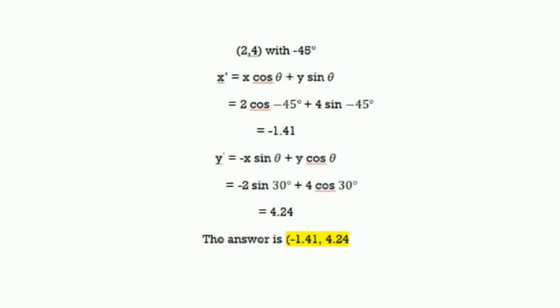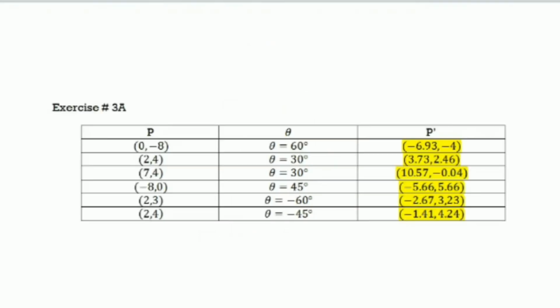Then for y prime, which is negative 2 sine negative 45 plus 4 cosine negative 45, which is equal to 4.24. So, meron na tayong bagong coordinates na negative 1.41, 4.24. So, here are the answers for the exercise number 2, letter A.